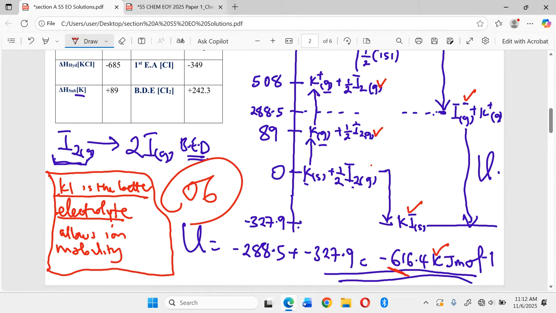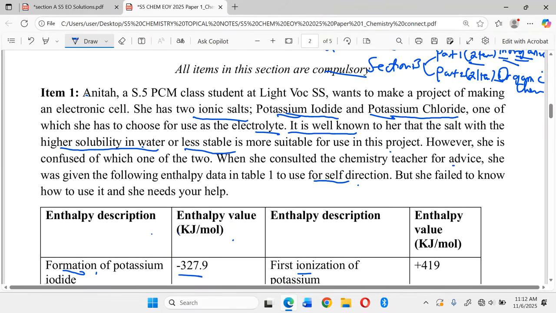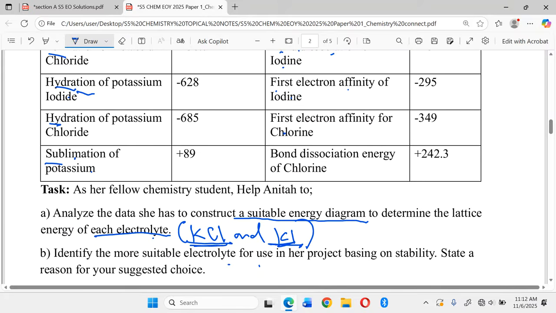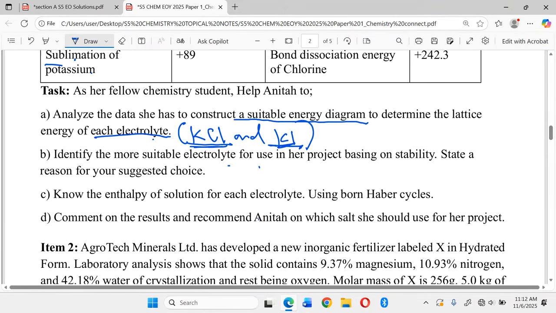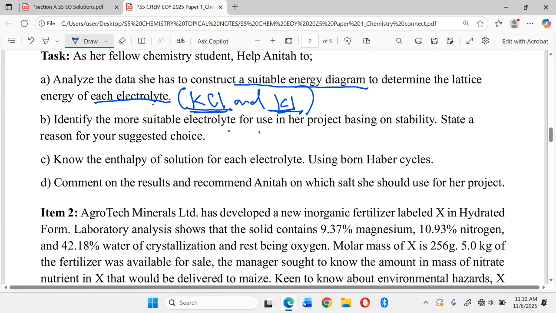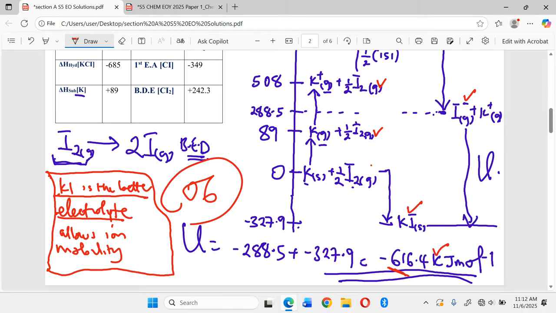Let's go to part C. Now, part C, what is it saying? They are saying to help Anita determine the enthalpy of solution for each electrolyte using Born-Haber cycles. Enthalpy of solution of each electrolyte, but now they're saying we use a Born-Haber cycle. Okay, so let's see how we could do that.